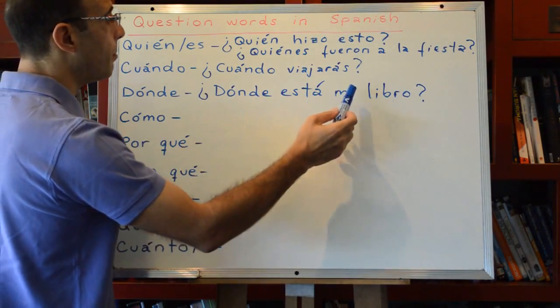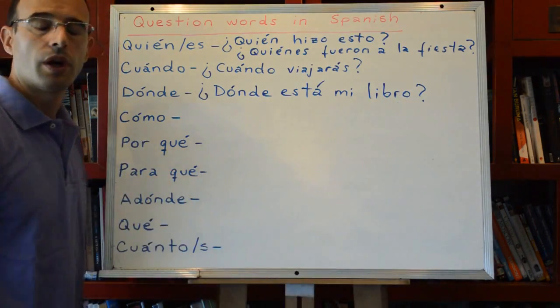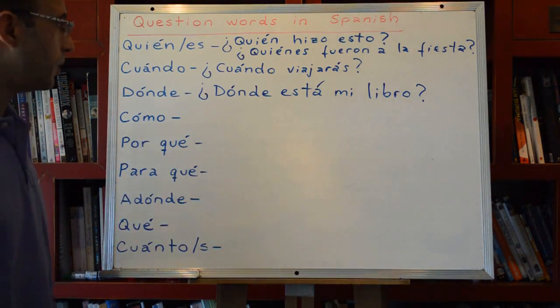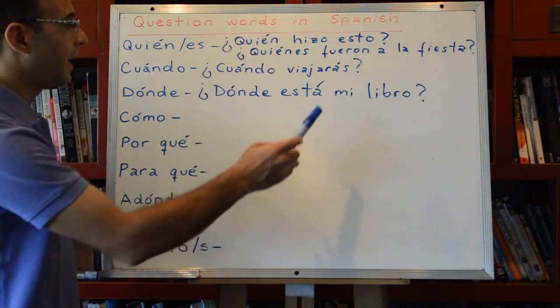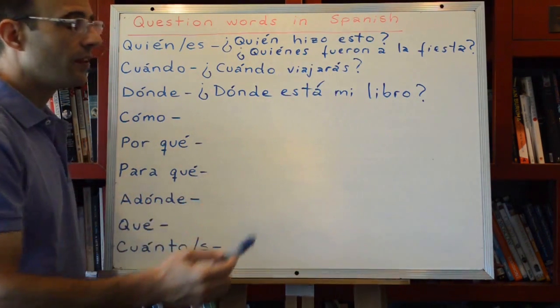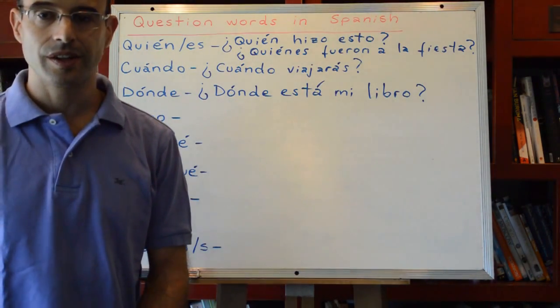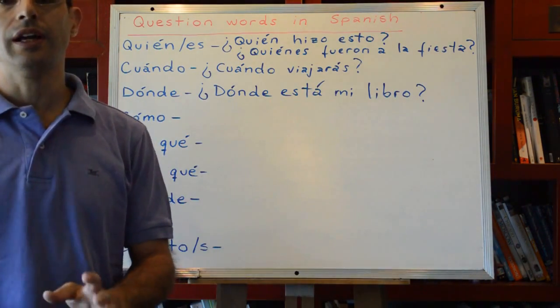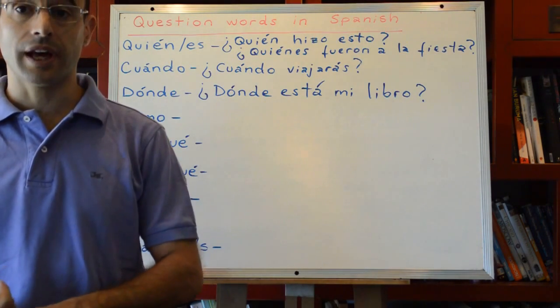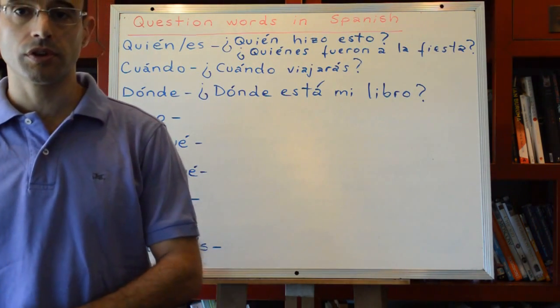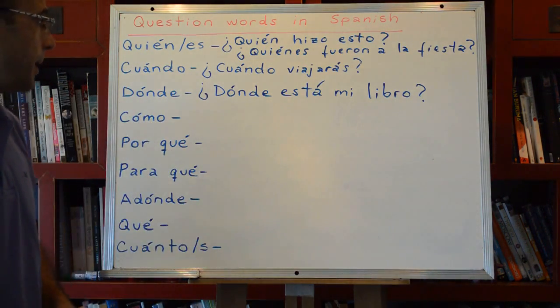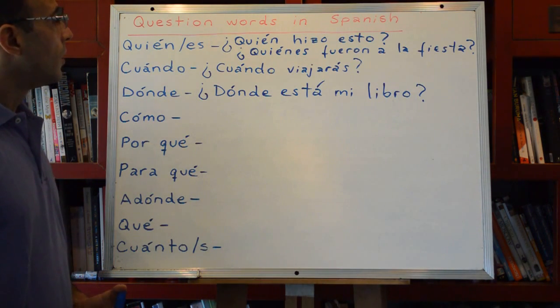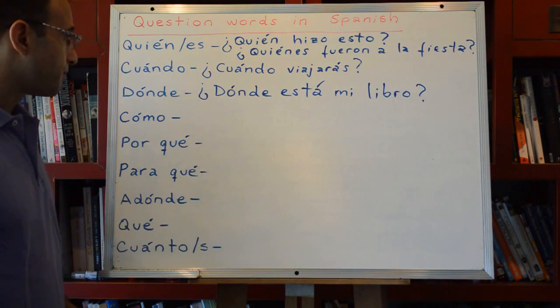Where is my book? ¿Dónde está mi libro? Está is the verb estar. Recently, I explained the verb estar is one of the 4 most important Spanish verbs. Okay? Good.